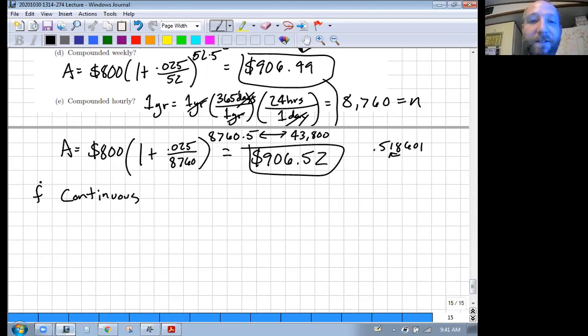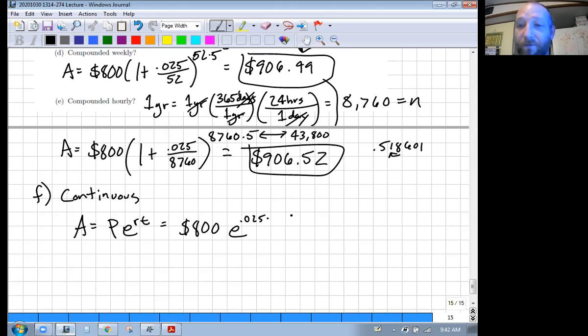Now continuous, the amount, again principal, e to the rt, 800 bucks, 2.5% interest, 5 years. All right, we have 0.025 times 5. I start up here, and I do e to the, and now I multiply that by 800.